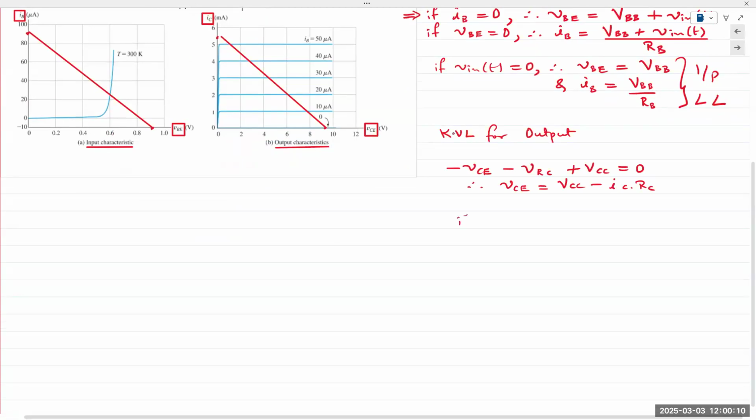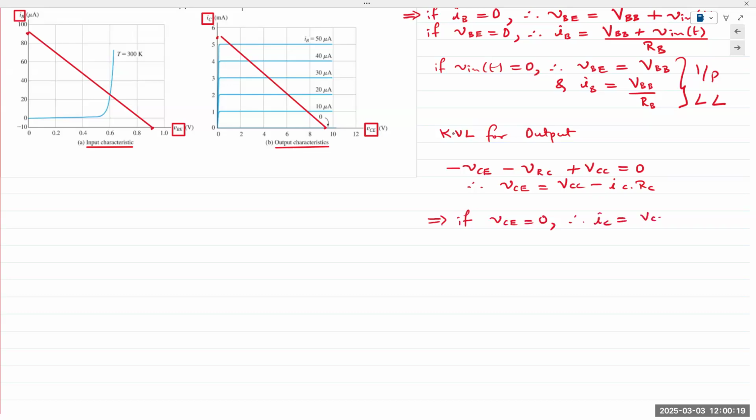For the 2 points of the load line, plug in VCE equal to 0, then IC is equal to VCC over RC. And if IC is equal to 0, then VCE is equal to VCC. And that's it. These are the 2 points for the output load line.